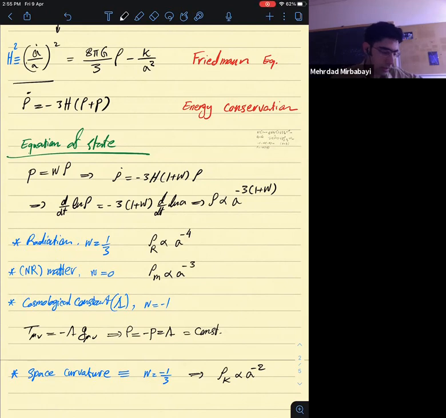Okay, so now what does it mean? If you have a universe which is expanding with time, what expansion in time means is that this scale factor is growing with time. Then these different components, well, of course, you could consider other components too. These are the most relevant ones when we discuss cosmology in our universe.